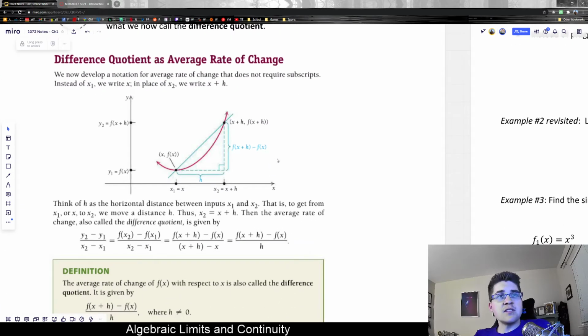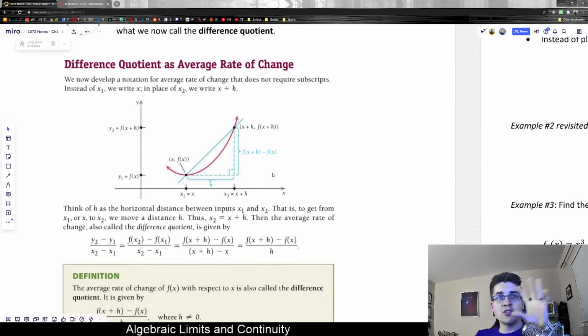This graph from our book is very helpful, and I put it in our lecture notes to help illustrate a point. What we want to do is imagine our first point on the graph, which I called A in the last video, but you could also call it x1, x2, y1, and y2 as those parameters for our average rate of change.